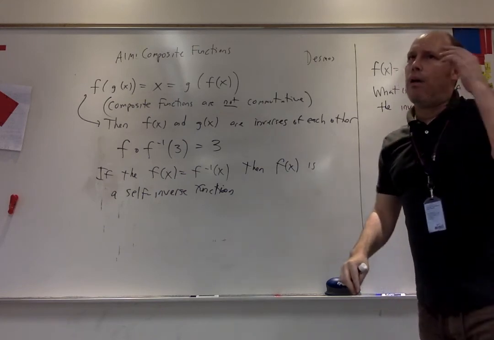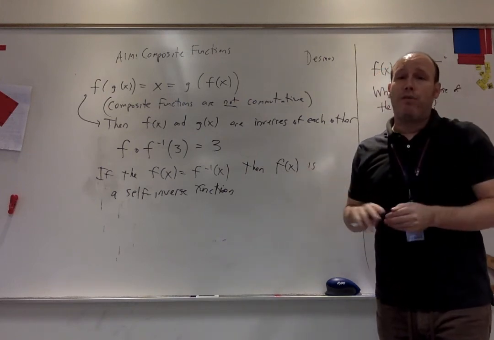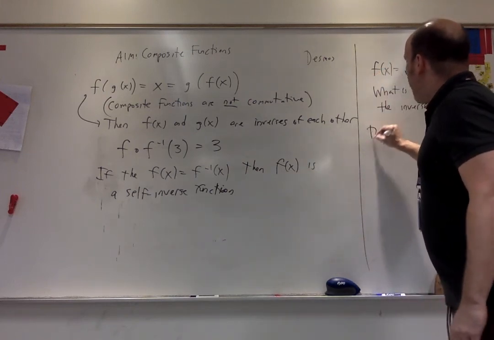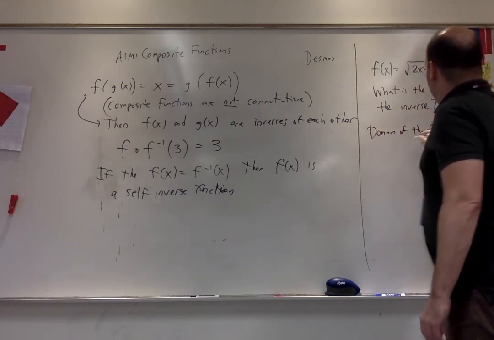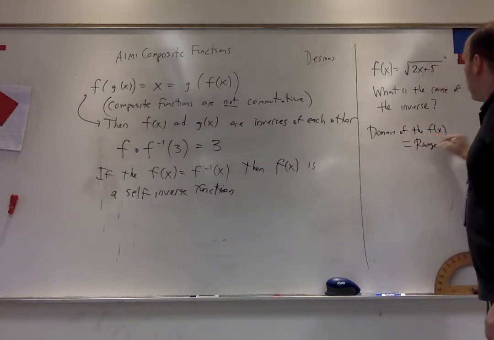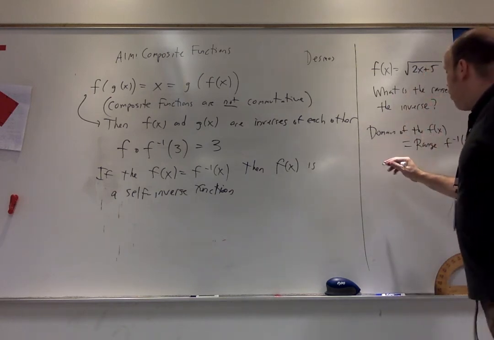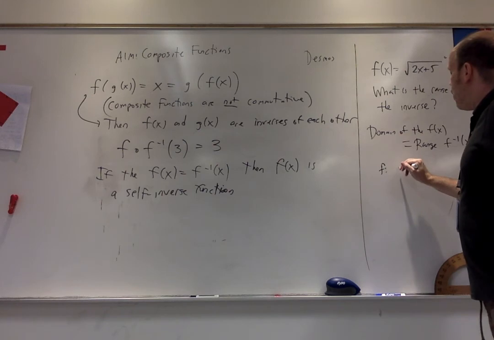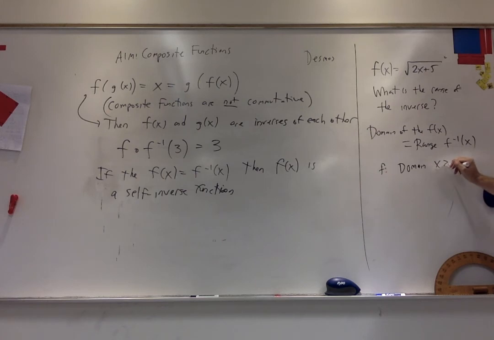And kids are like, oh no, first I have to find the inverse, and I have to do all these steps. It turns out you don't have to do the inverse. It turns out that the domain of the function is equal to the range of the inverse. So in this case, for f, the domain is x is greater than or equal to, we know that for the domain, 2x plus 5 has to be greater than or equal to 0.